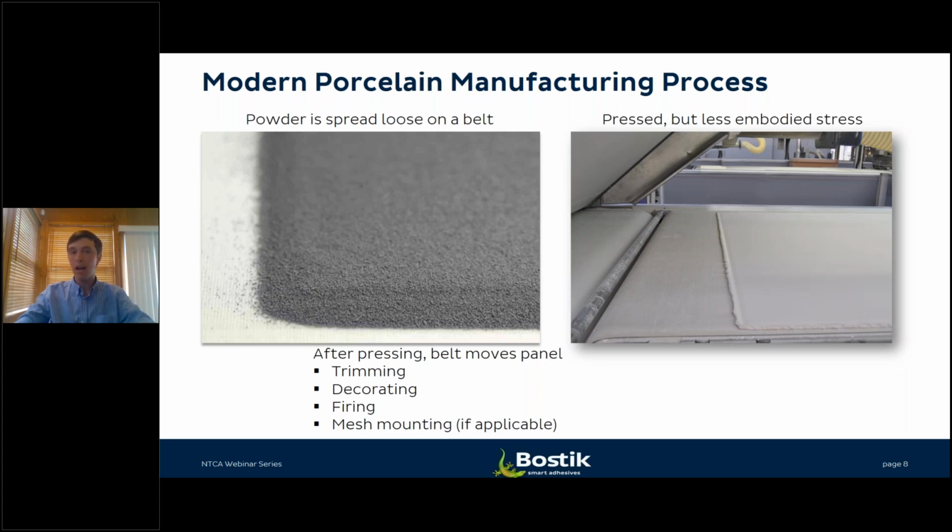It's able to fully flatten out naturally, and then after being pressed, that conveyor type belt moves the panel for further trimming, decorating, firing, and then if applicable based upon the thickness of the product would be the mesh mounting process.